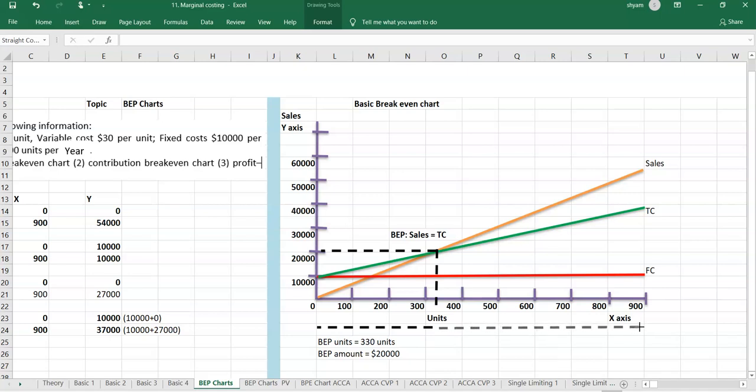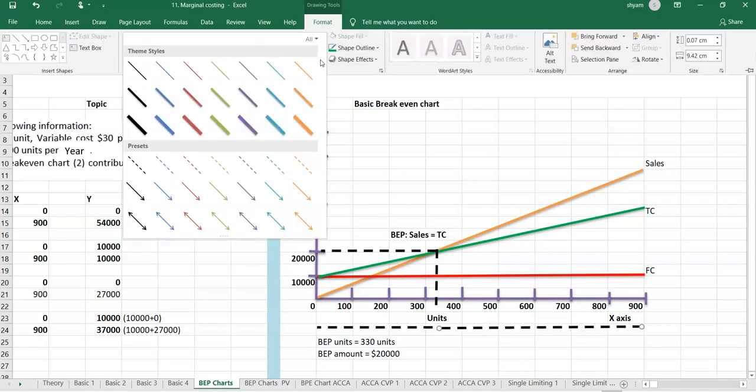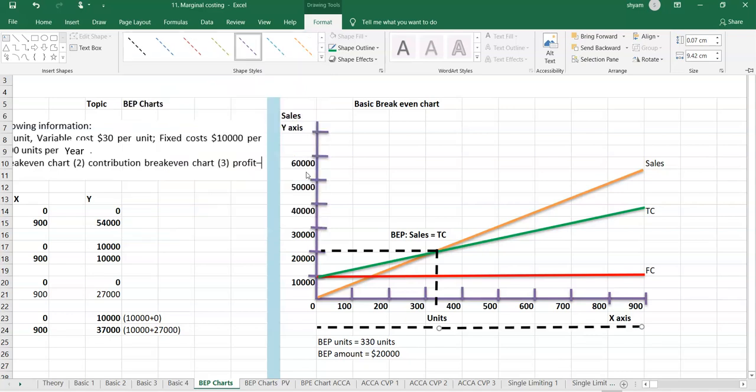So this part of it is BEP, and the next part from here to the end, what is it? Okay, so we have to put another color. This time we'll put violet color.